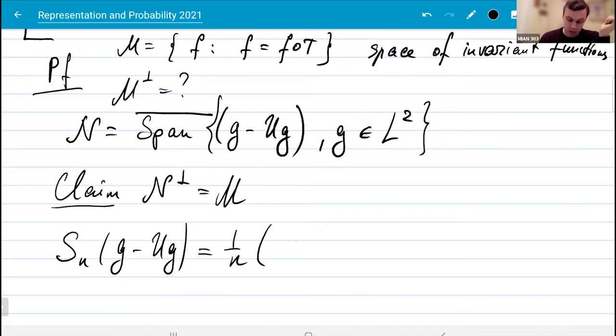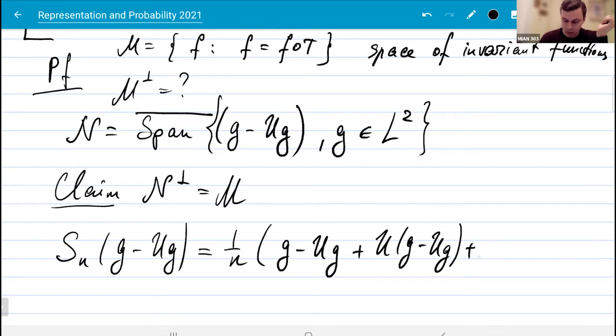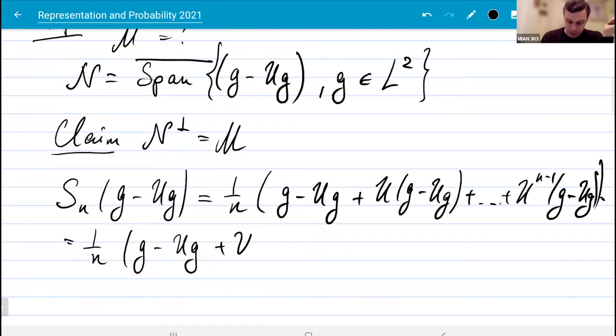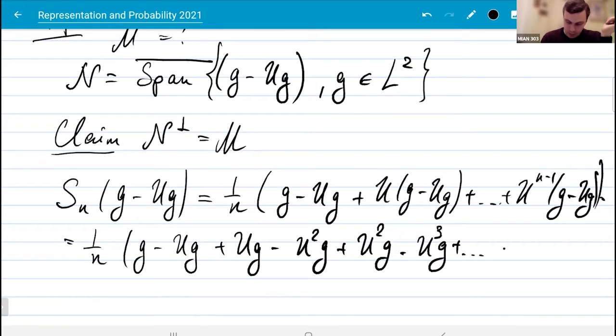So it is just g minus Ug plus U, g minus Ug. And when you redistribute all this, you have this. So everything cancels out except for the first and the last term.